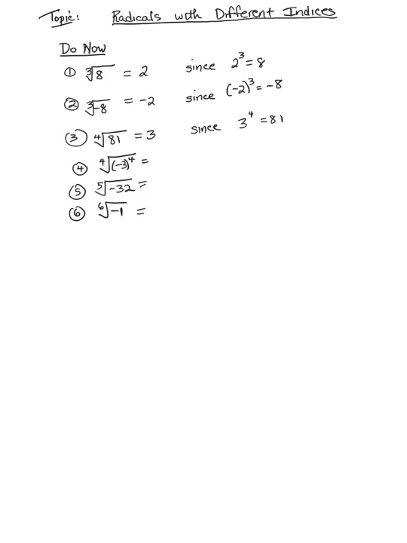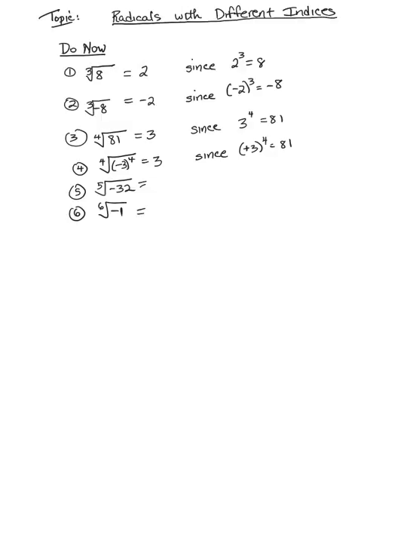And the fourth root of negative 3 to the fourth, which is really just 81 again, is 3, since negative 3 to the fourth is equal to 81. But notice that's positive 3 to the fourth equals 81.